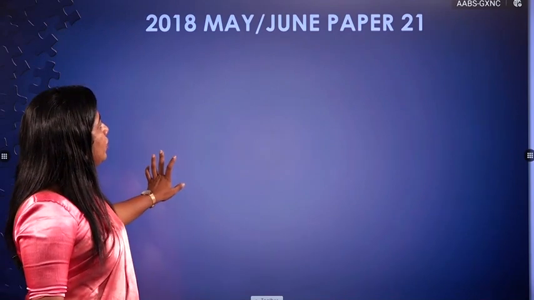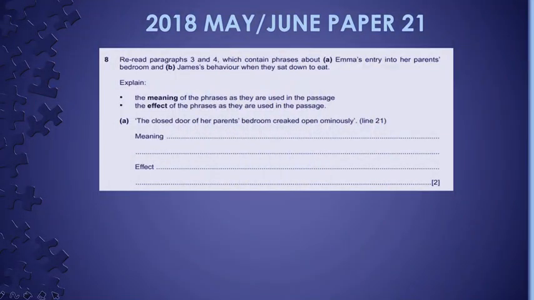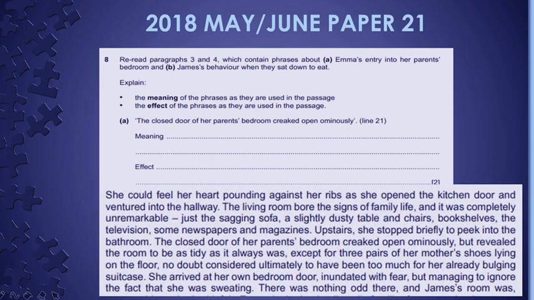Here we have the 2018 May-June paper, and we have the sentence, "The closed door of a parent's bedroom creaked open ominously," which has been taken from this particular paragraph. Now, if we were to give the meaning of this sentence, it basically means that the bedroom door opened slowly but in a very scary way.